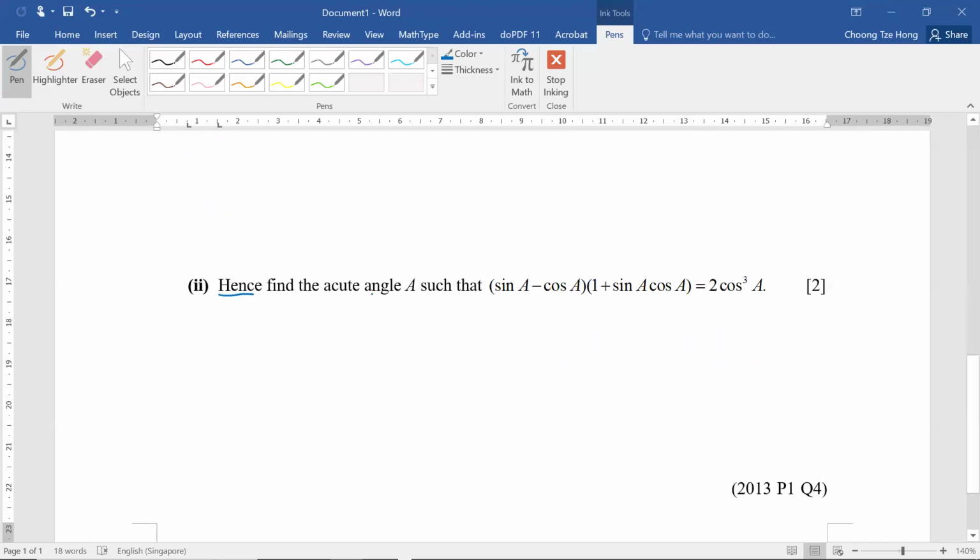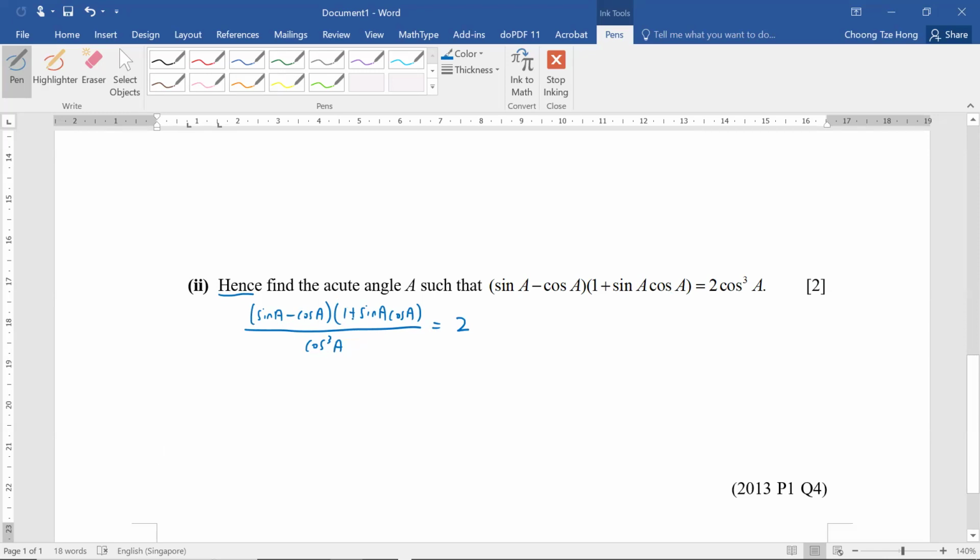So if we bring the cosine cube A to the left side, we will get exactly what we proved just now: sine A minus cosine A times 1 plus sine A cosine A. If we divide by cosine cube A on both sides, this is what we'll be left with.